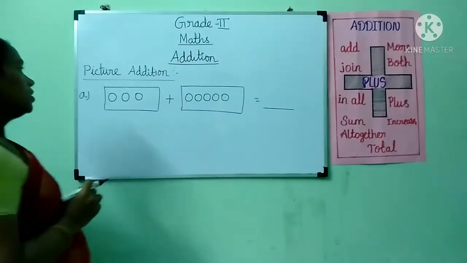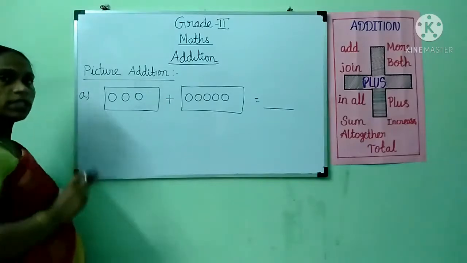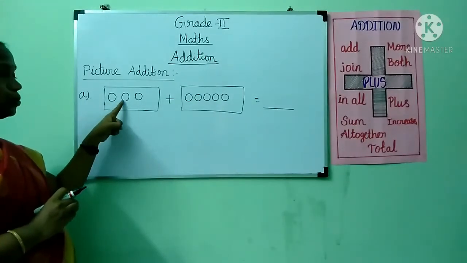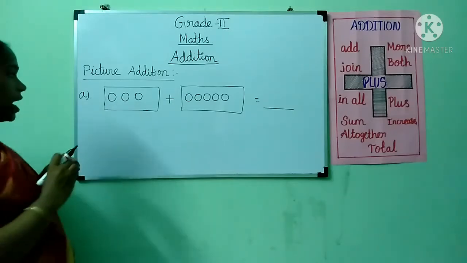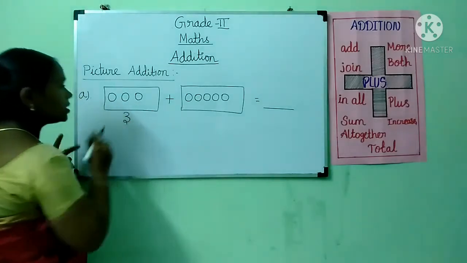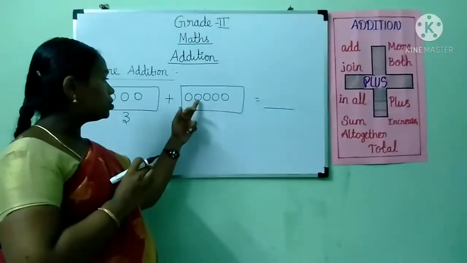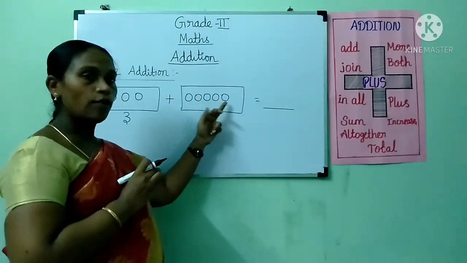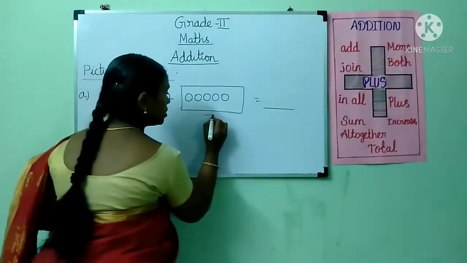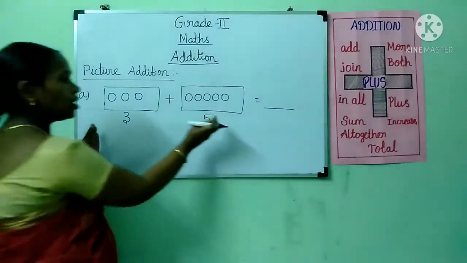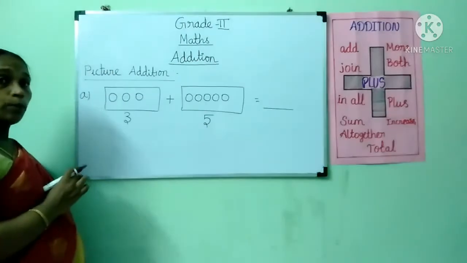See here, how many circles in the first box? 1, 2, 3. So the first box has 3 circles. The second box has how many circles? 1, 2, 3, 4, 5. So 5 circles. Then how many both of them?